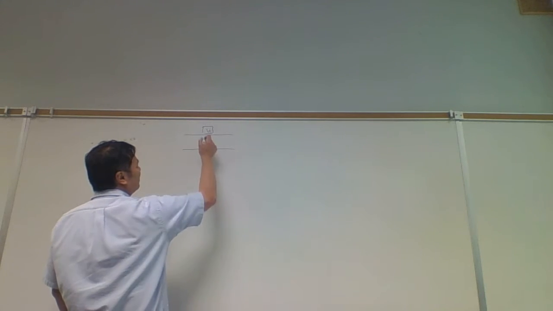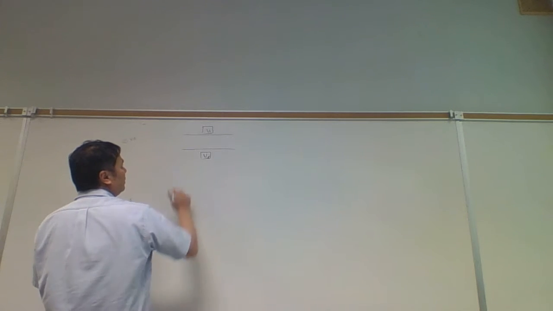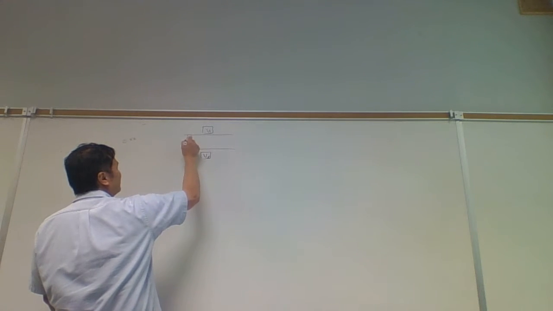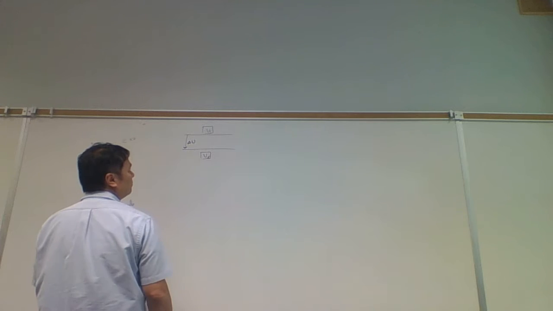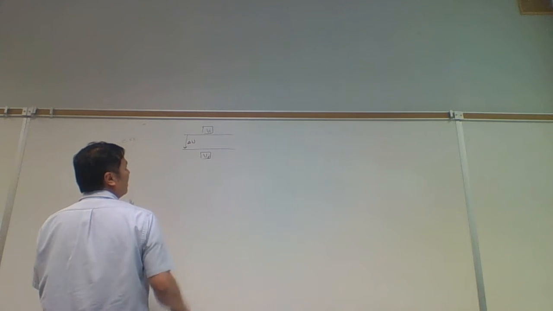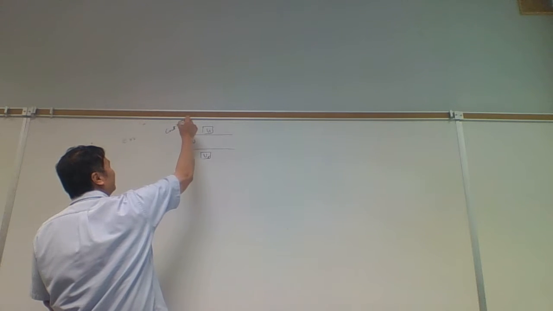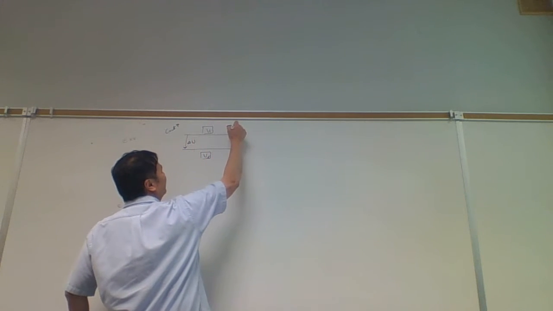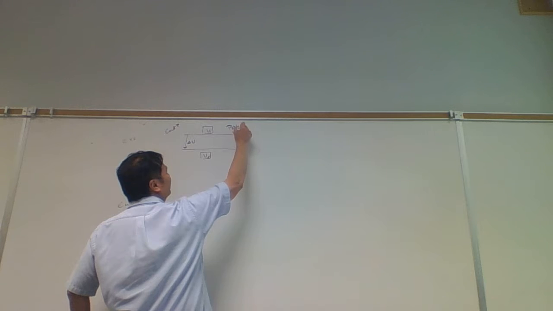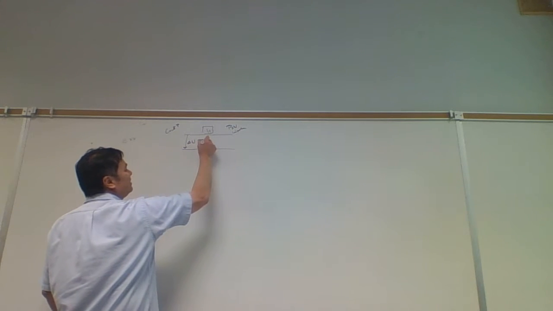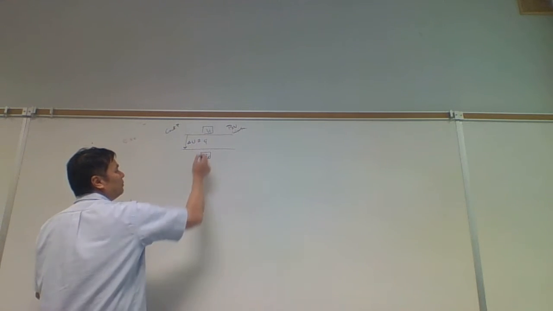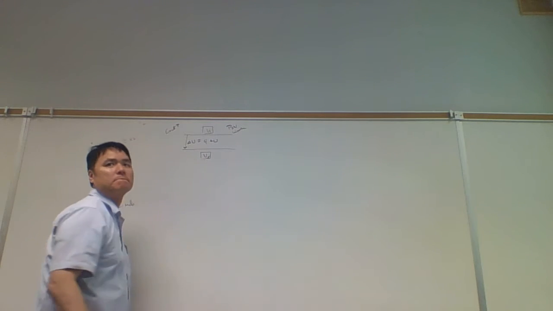V initial and V final are the same. This is exothermic, so this is delta U. This is constant pressure. This is P delta V work only. So delta U is equal to Q plus W.